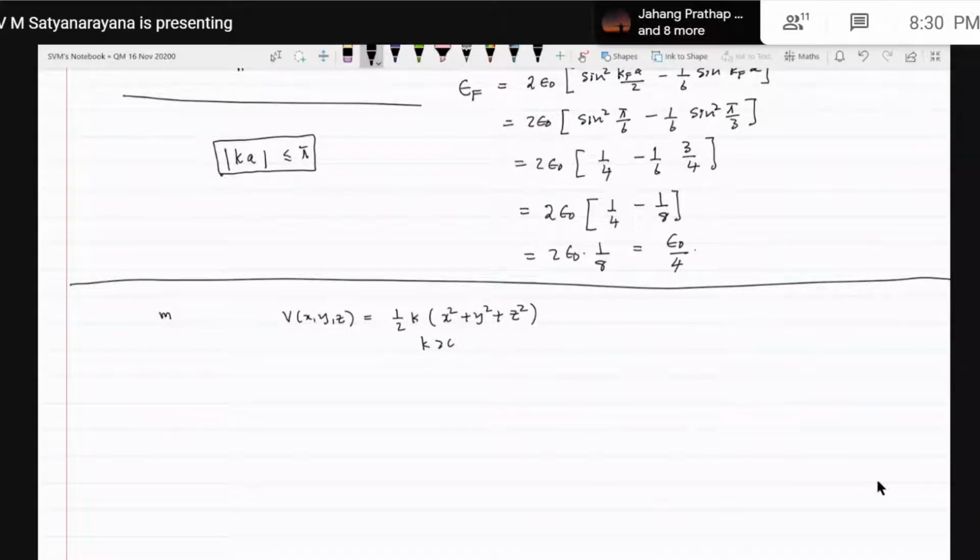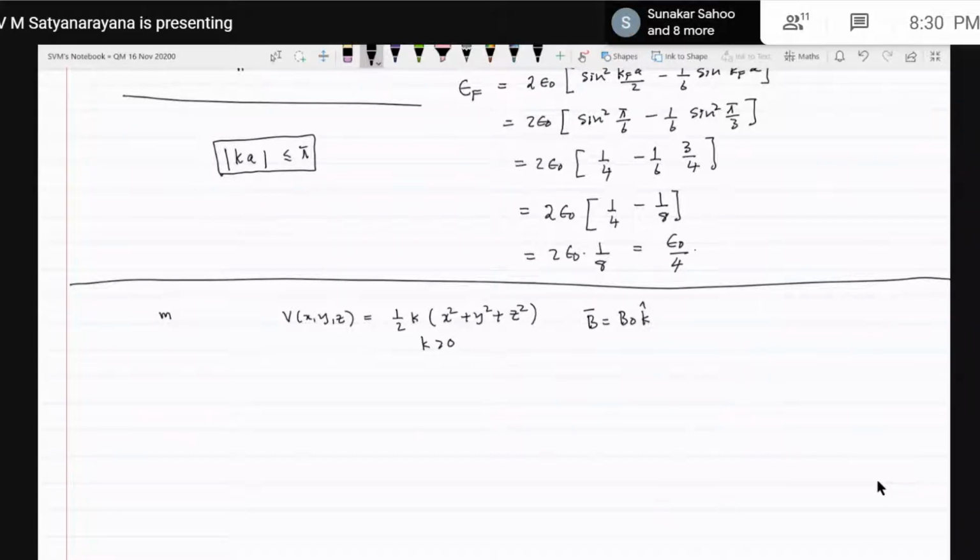Now a perturbation in the form of a weak magnetic field, capital B equal to B0 k cap, where B0 is a constant, is switched on.